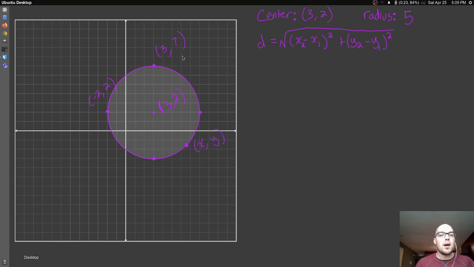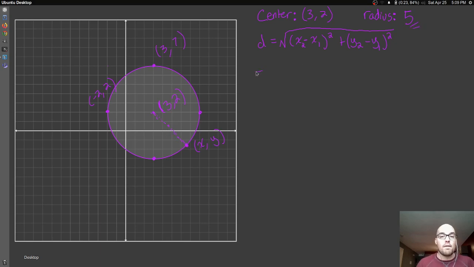So let's plug in what we know into this distance formula. If I'm measuring from here to here, I know that distance because that point's on the circle, and any point on that circle is a distance of 5 away.